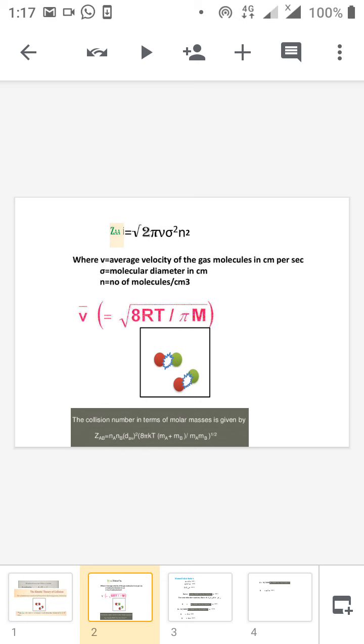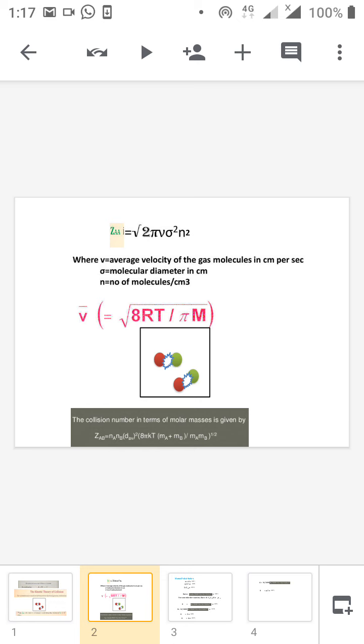The average velocity of a gas molecule can be calculated from the gas equation. Instead of nu, we can write nu bar is equal to root 8RT divided by pi m, where R is the gas constant, T is the temperature, and m is the mass of the molecule.